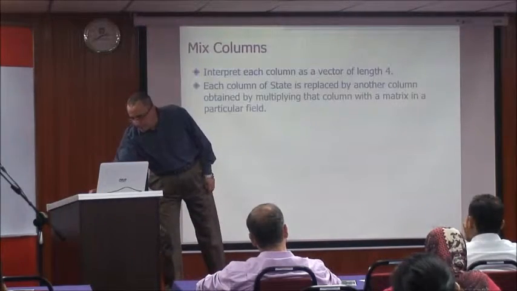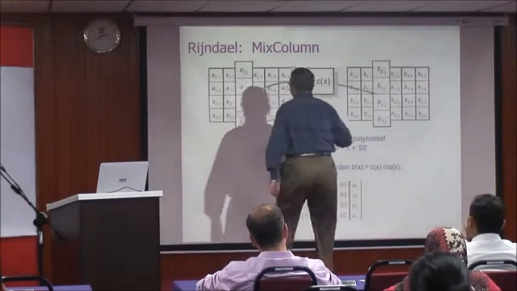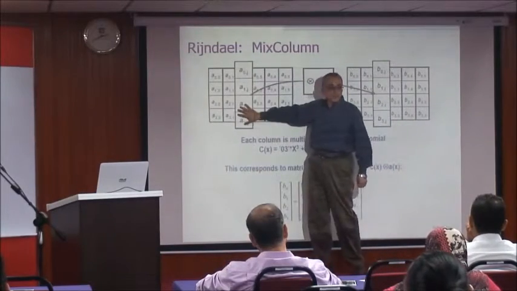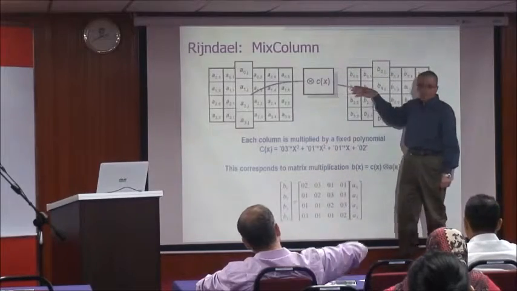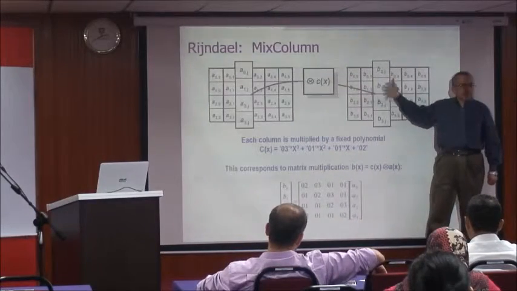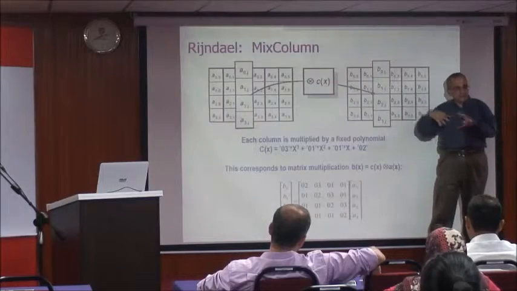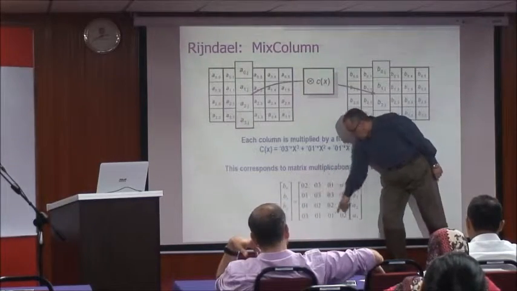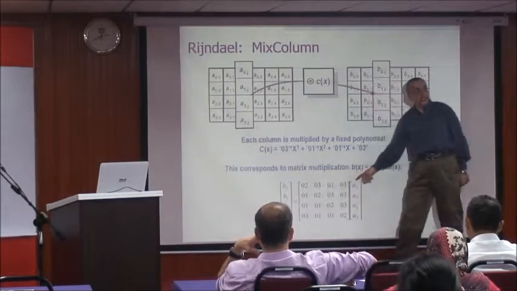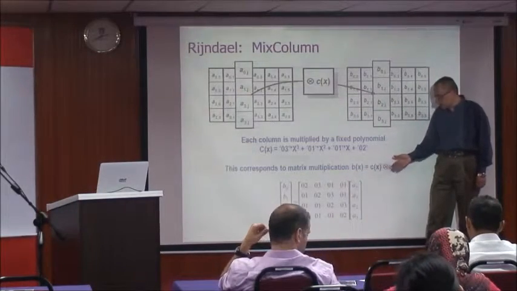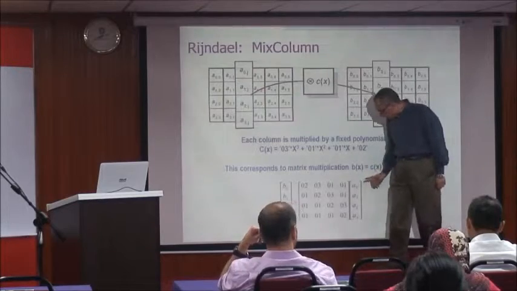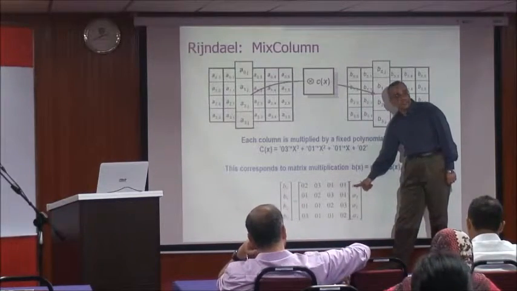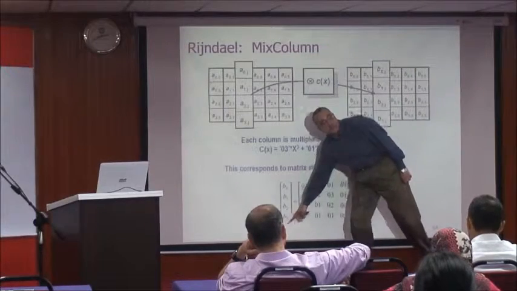And then we have the MixColumns operation. In the MixColumns operation, you take each column and you multiply it by a matrix. This is the matrix I was mentioning that was optimally designed so that it optimizes the diffusion properties. This matrix is very carefully designed such that if you have a change in 1 byte in here, you're guaranteed to have a change in 4 bytes in here.